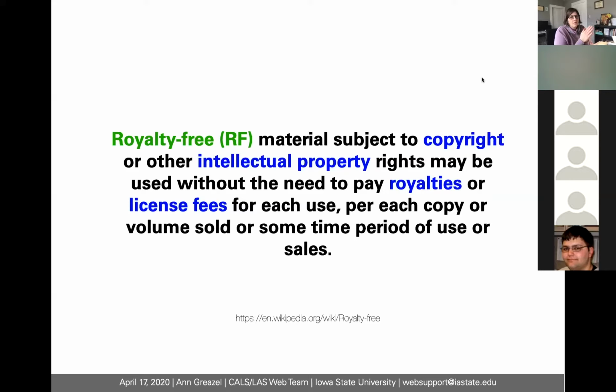Okay, so what that means is that Iowa State can't use that image then to market to students to pay for tuition to come to Iowa State. So you are marketing something at Iowa State when you put a photo up on your website. So you do fall into that category. So it's important to pay attention and make sure that you have a royalty-free image.